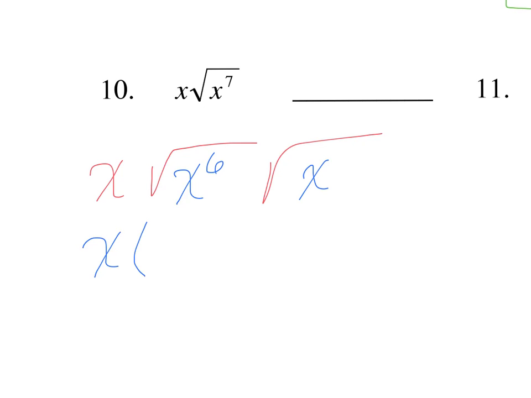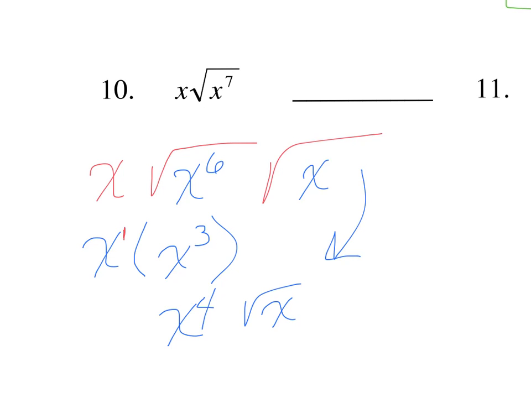It's going to multiply times the square root of x to the 6, which is x cubed. And that makes x to the 4th, because remember those rules, when we multiply variables, we add the exponents. And this one has the invisible 1 on it. And then we bring down these that were left in the not perfects.